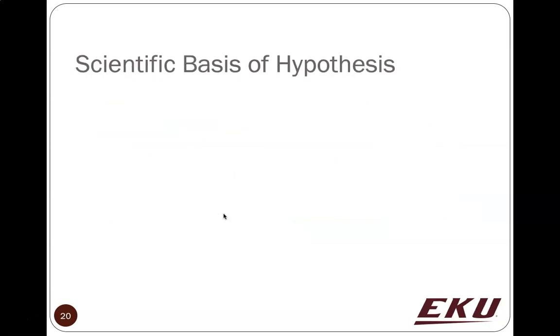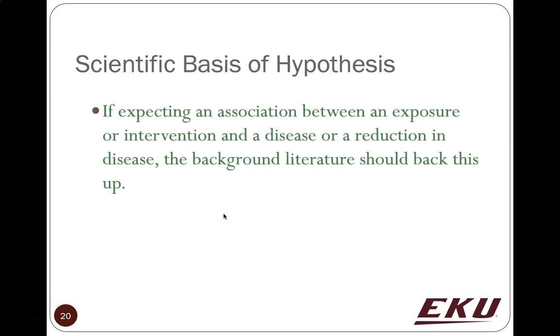The scientific basis of the hypothesis also often needs explained in the introduction and background sections of papers. If you're writing a thesis or an MPH capstone type paper, you'll be able to explain this in your background. In a scientific paper, this is explained in the introduction section of the peer-reviewed journal article.